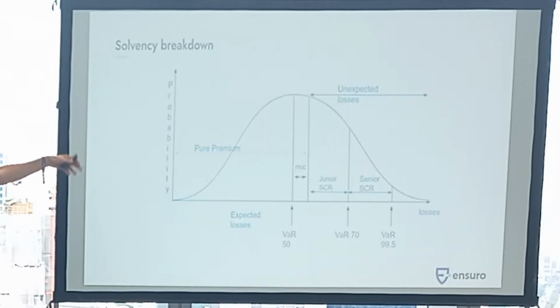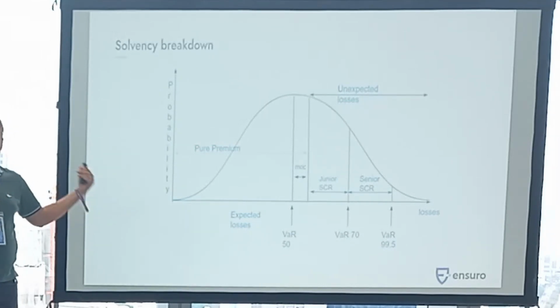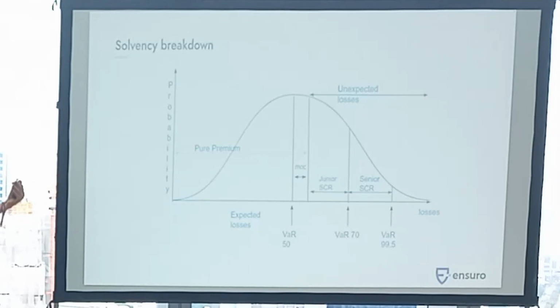Of course, this is a bell curve. Not all risks are like this in terms of distribution of probabilities, but we will always have the value at risk with the 50% possibility, that is the expected losses, the amount of capital that you need to pay on average.